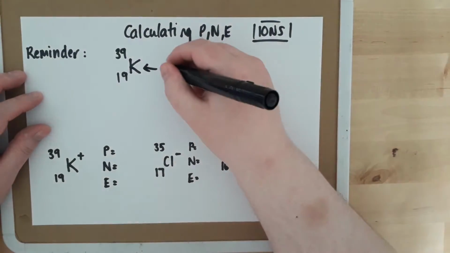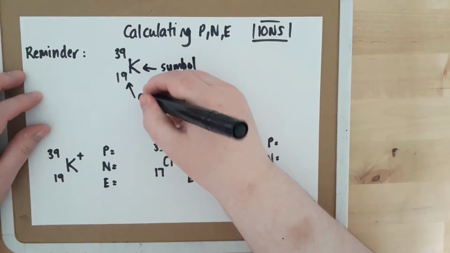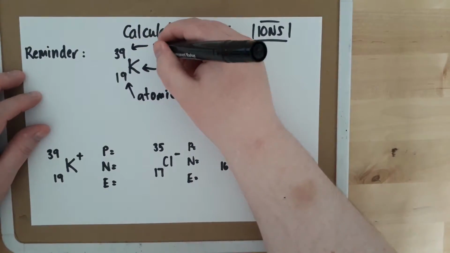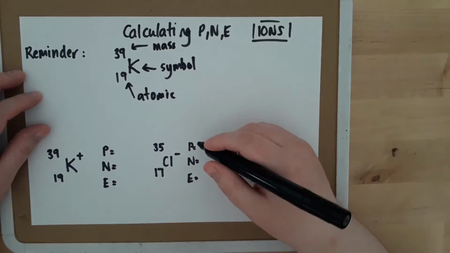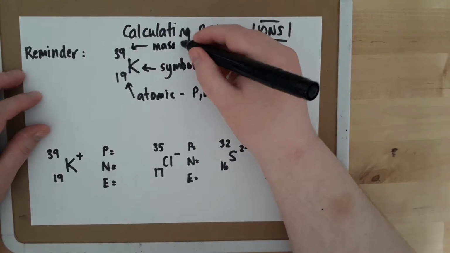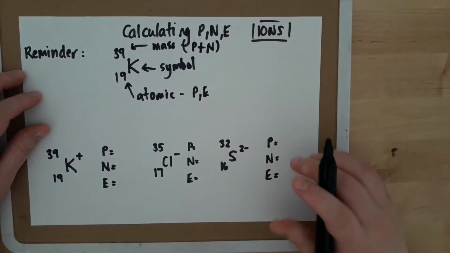So we always have the symbol, we have the atomic number, and we have the mass number. If you remember, the atomic number tells us the number of protons and electrons, and the mass number tells us the protons and the neutrons added together.